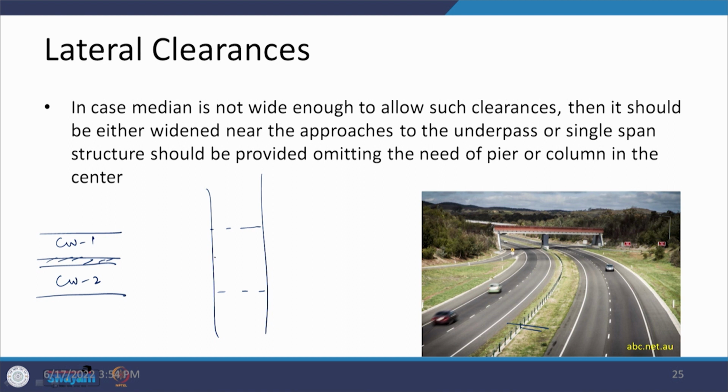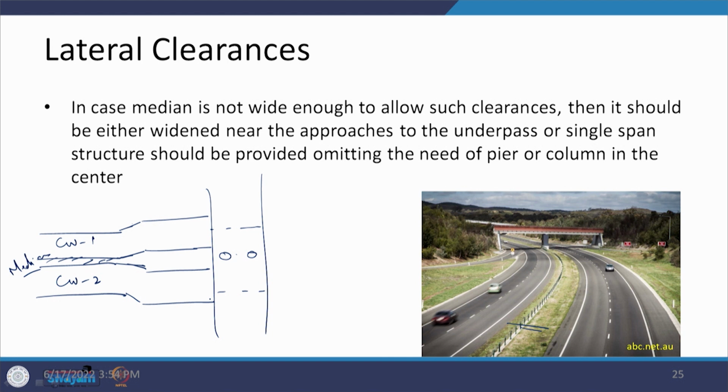If there is a pier for this overhead structure, it is going to lie on this median, which is not wide enough. So what is to be done is that this median has to be made wide, and this is how it will go, and similarly here also it is going to be widened.